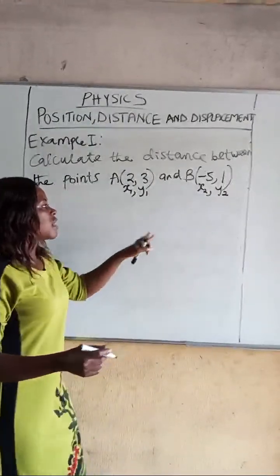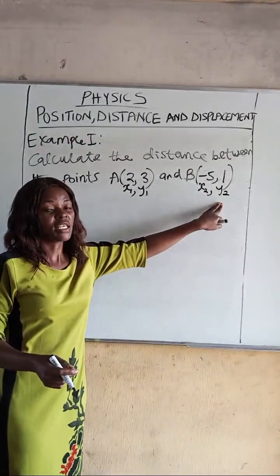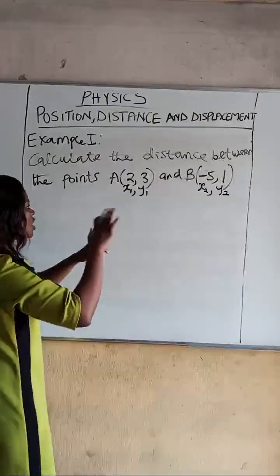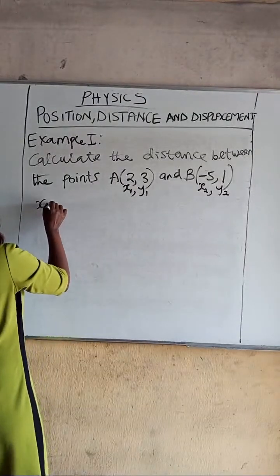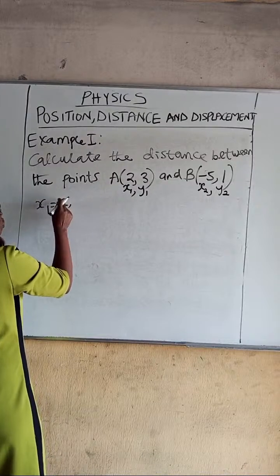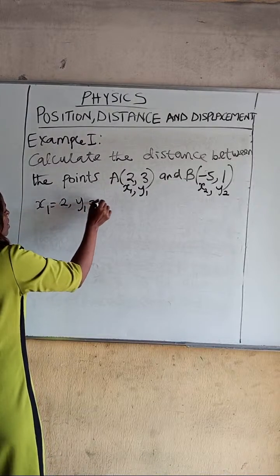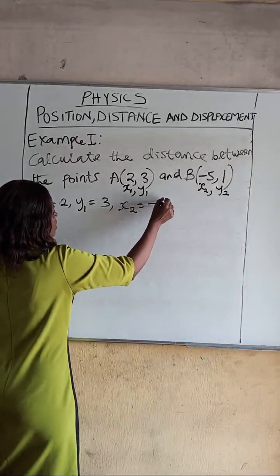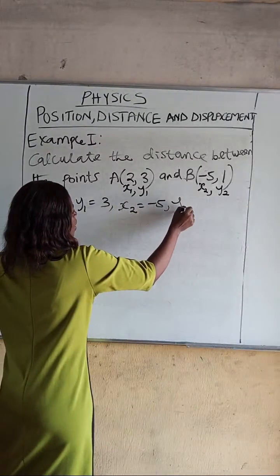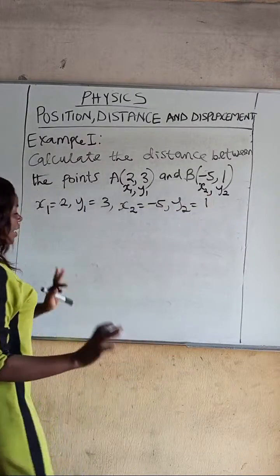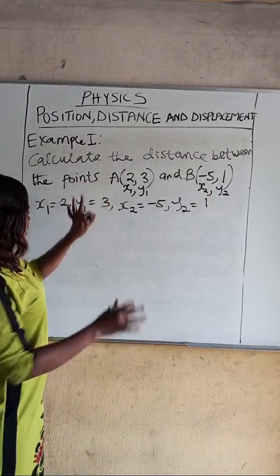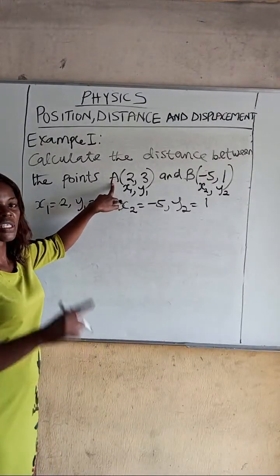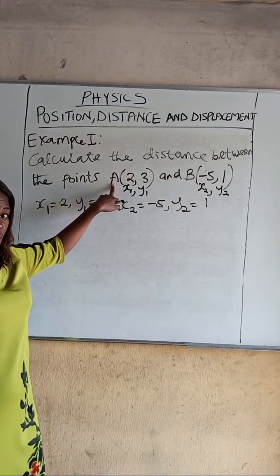Now, if you're going to use this formula for distance on a plane, let me just simplify it well. x1 is equal to 2. Okay, y1 is equal to 3. x2 is equal to minus 5. y2 is equal to 1. I think that is okay now. I have brought out everything and specified them. The first point, everything I have under the first point is 1, even if it's in space.